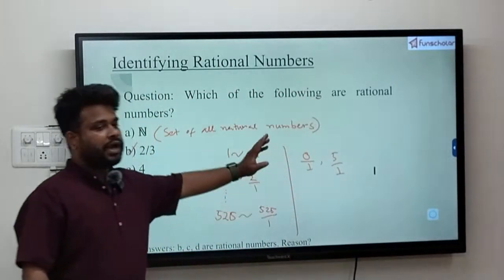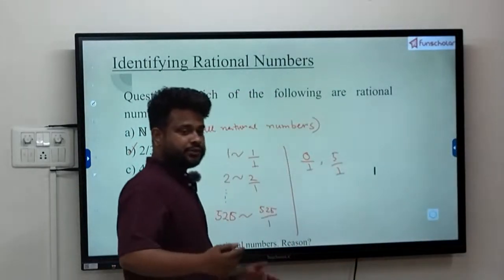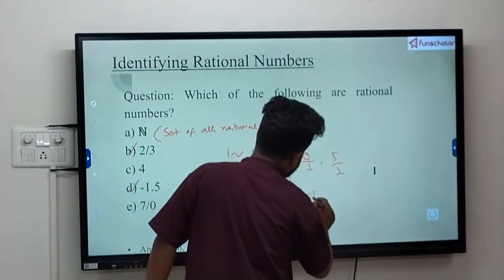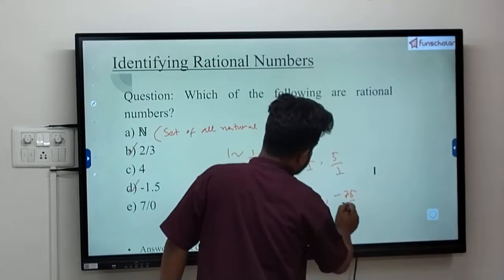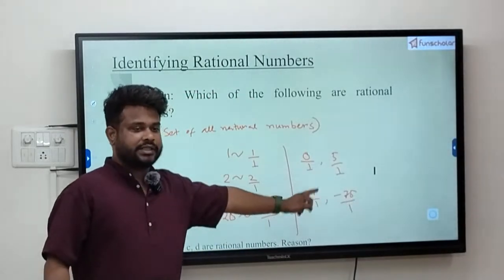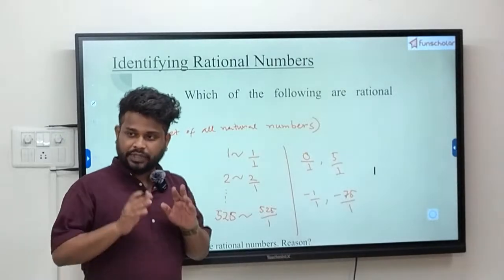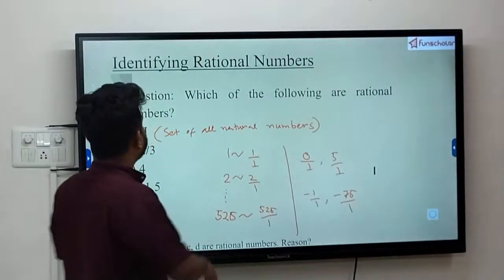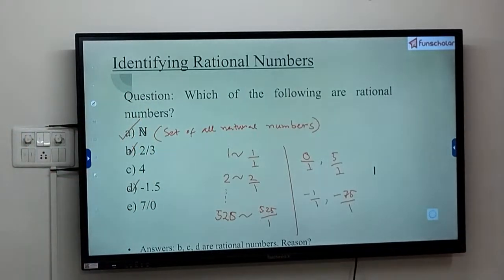Okay, these all are also whole numbers. The same goes for the integers as well, like minus 1 by 1, minus 75 by 1. These are all negative integers. That means integers also can be written in p by q form. So they are rational numbers. So this N will be a rational number also.